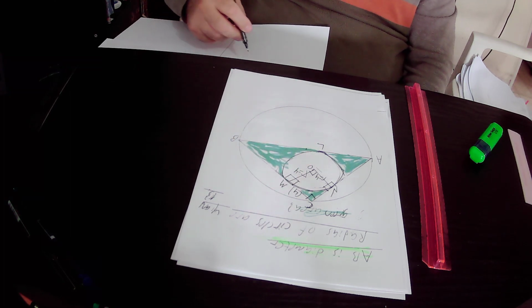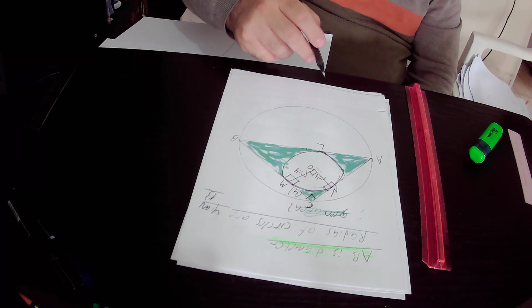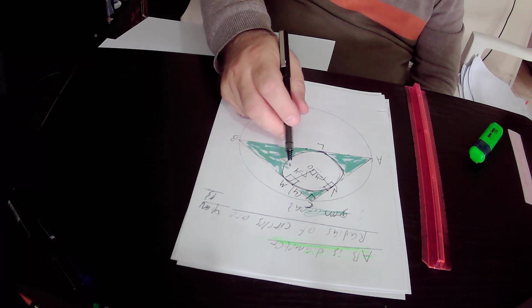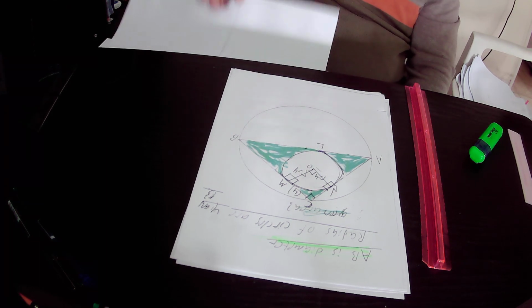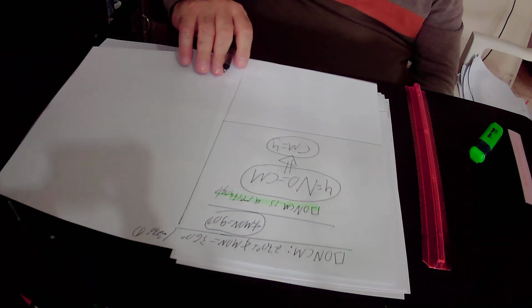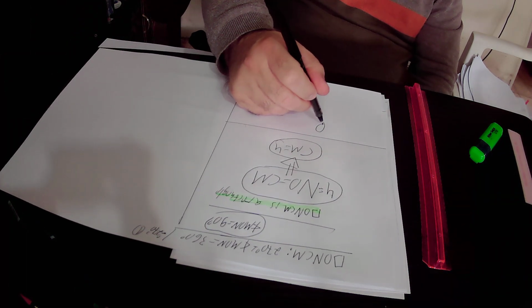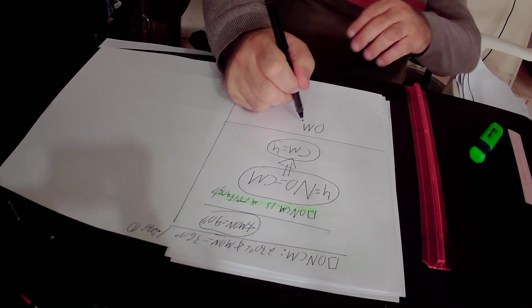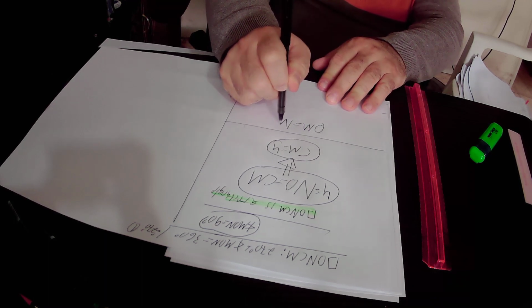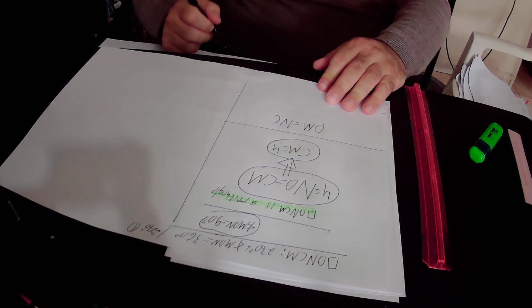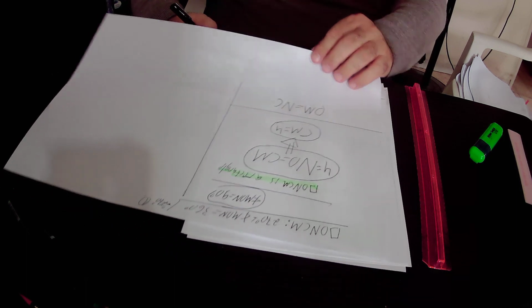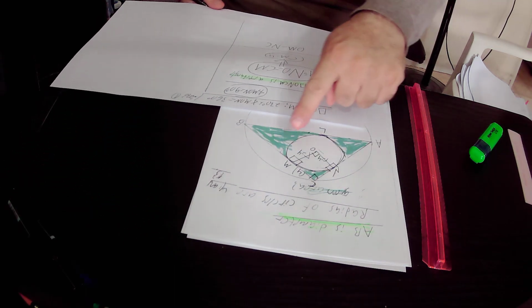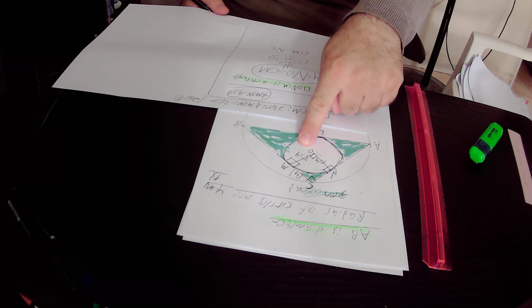Likewise, according to the rule that the opposite sides of a rectangle are equal to each other, we get that OM equals NC. But we have already found out that OM equals 4 units. It is the radius of the small circle.